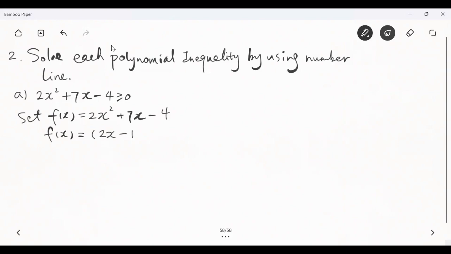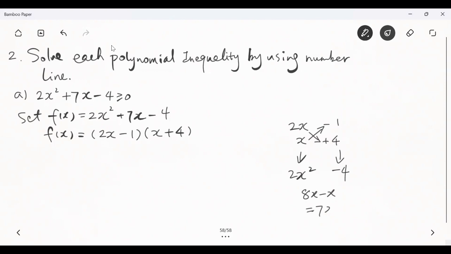So it's (2x minus 1) times (x plus 4), like that, okay? Because 2x times x is 2x squared. And the negative 4 we use 1 and 4. And the middle term is positive. So bigger one positive, small one negative, right? So we check the last term, negative 4. And the middle term cross multiply adding. So it's 8x minus x is equal 7x. So it's a match in the middle term, okay?